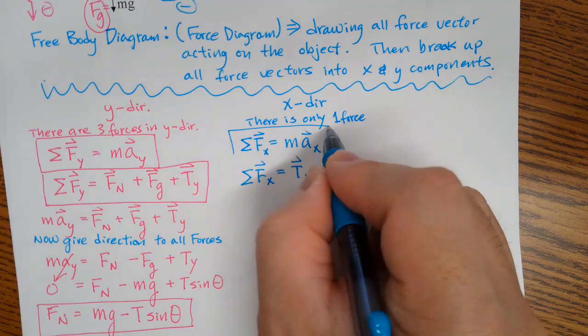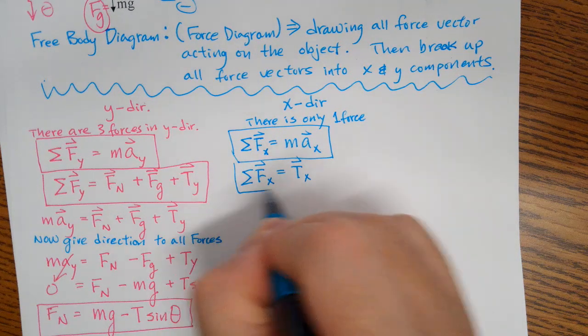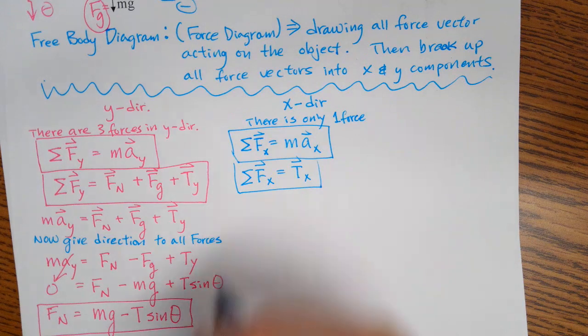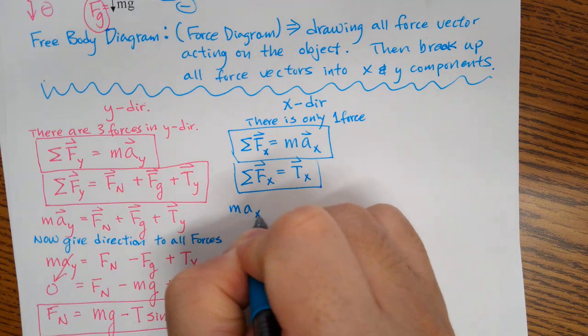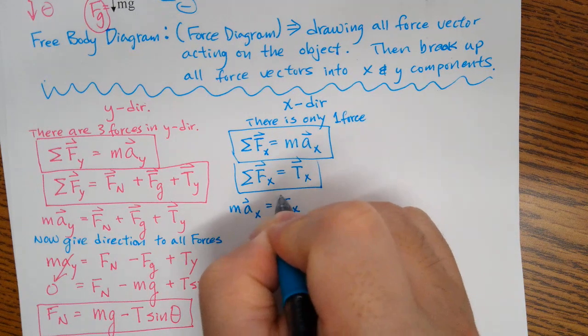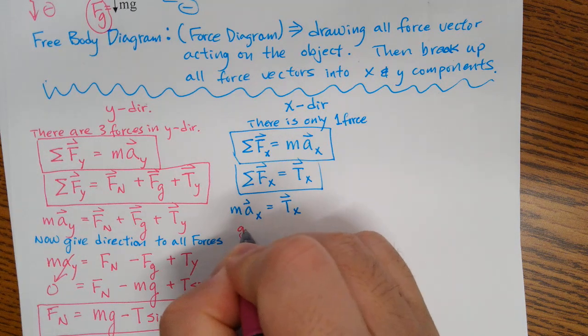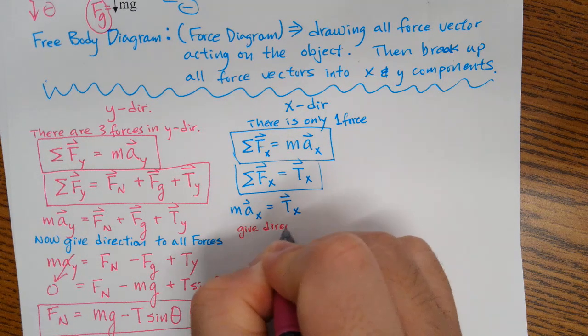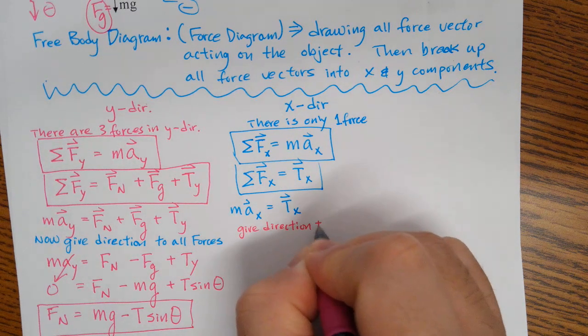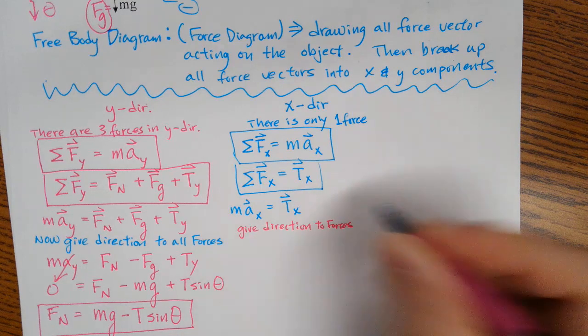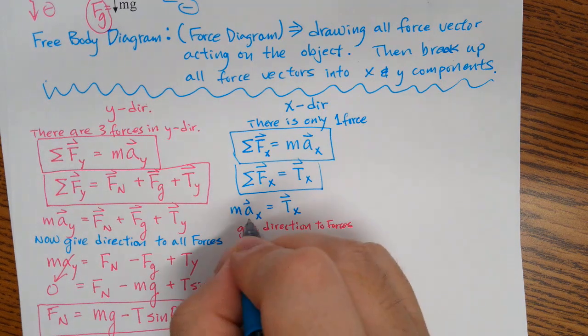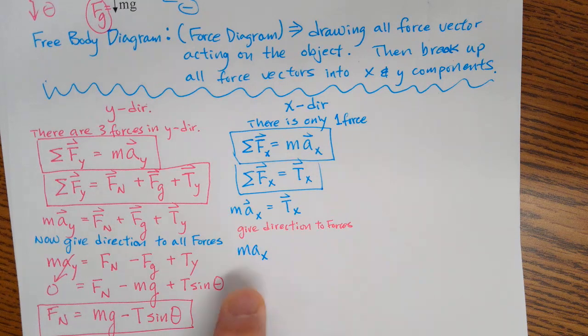Okay, so again, this is important. Identifying what the net force is is important. So we can say now max is equal to just Tx. Now let's give direction to forces. So here, max, which we don't know which direction it is going to go. Most likely it's going to be positive though, because whatever this Tx is, that's my x direction.